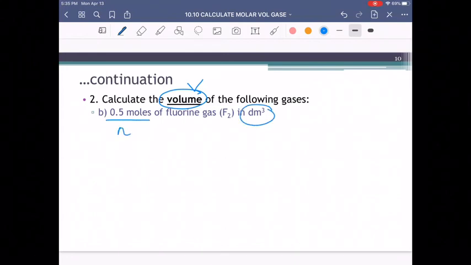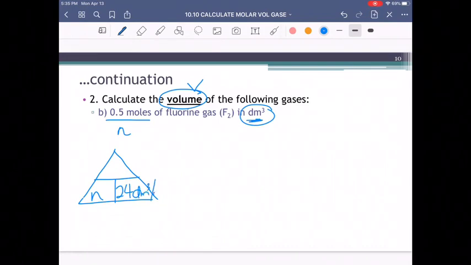So get the suitable triangle for this, the one with dm³. The dm³ one is with 24 dm³ per mole. Here is the volume. Volume should be in dm³. So now we want to find the volume. Volume is equal to number of moles times 24.